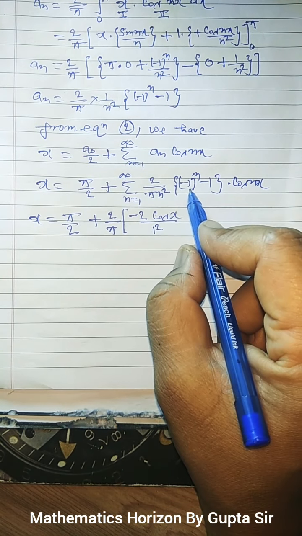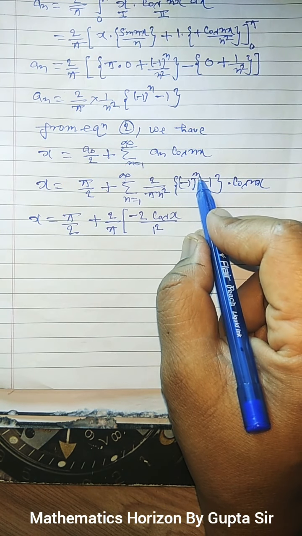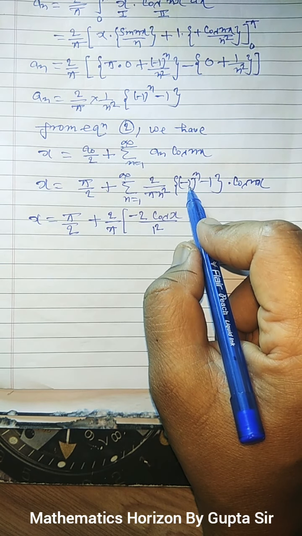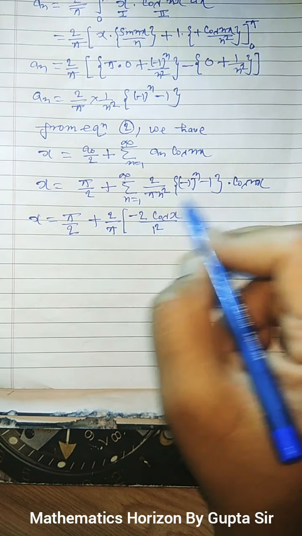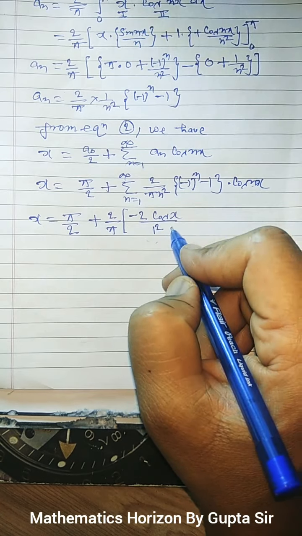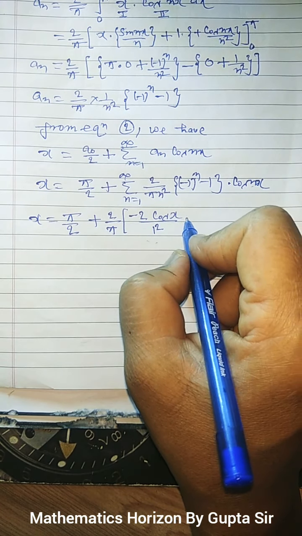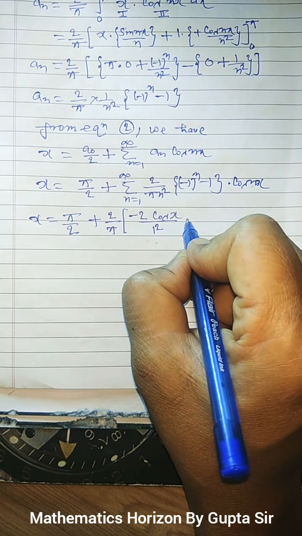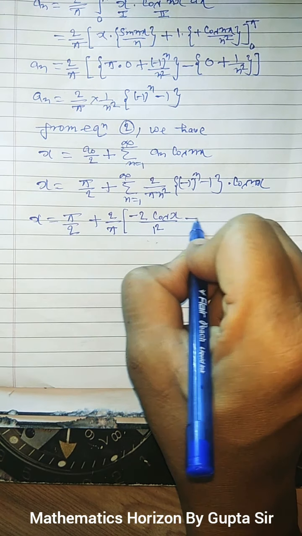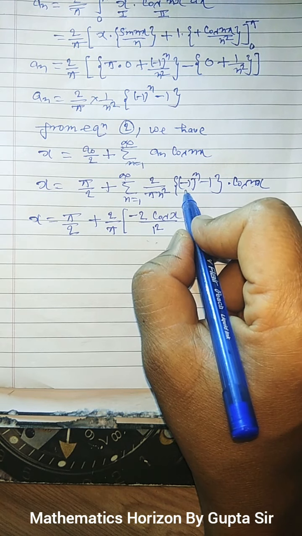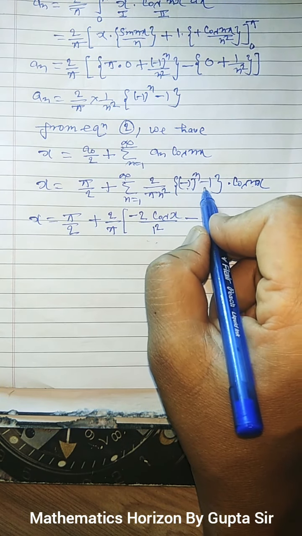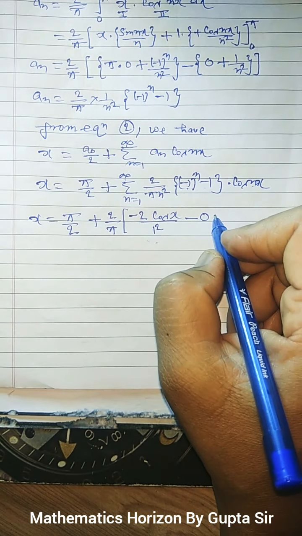When we put n equal to 2, minus 1 to the power 2 means plus 1, minus 1 is 0.